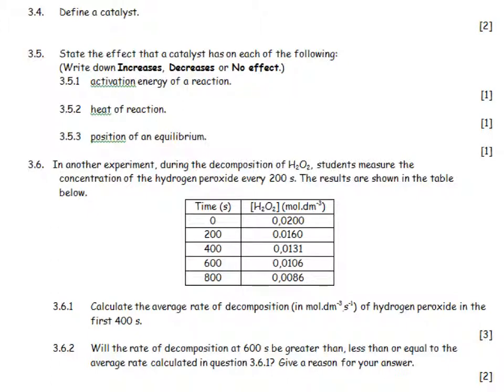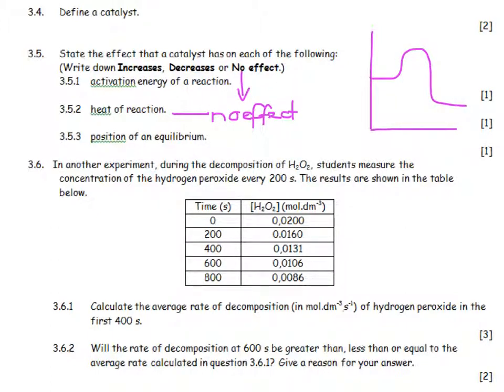State the effect that a catalyst has on each of the following. It brings down the activation energy, so it decreases the activation energy. It does not change the heat of the reaction because no effect. Because if you think about an energy graph, you're going to land up with that normally. If I put a catalyst in, it's going to land up looking like that.